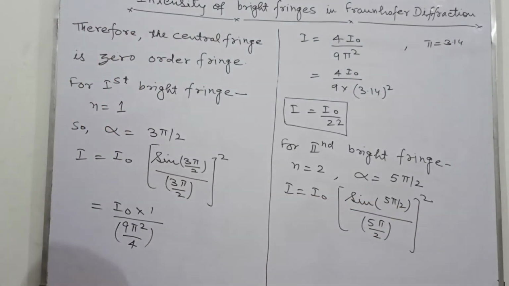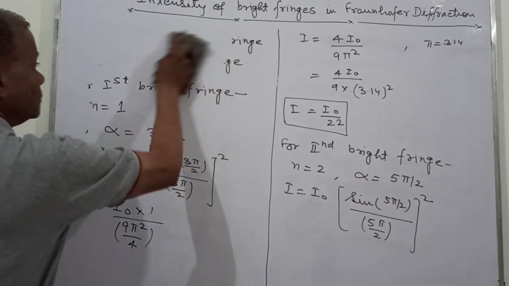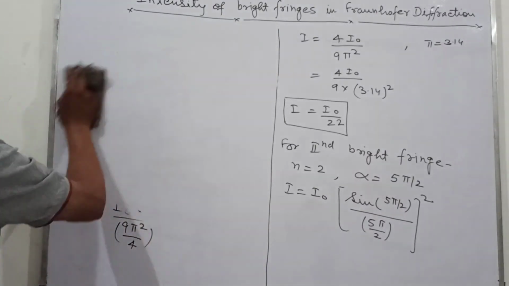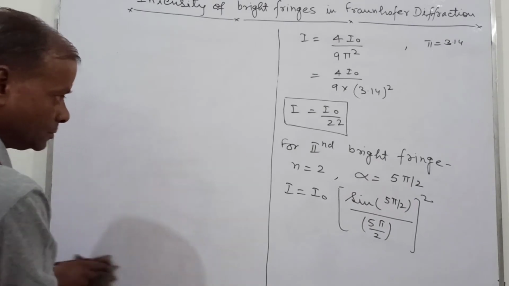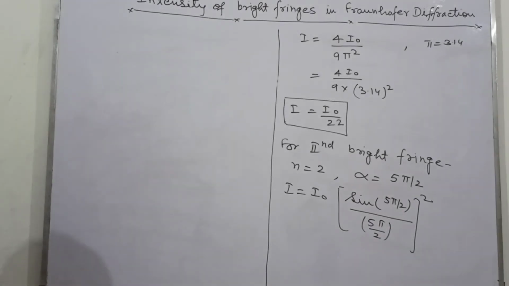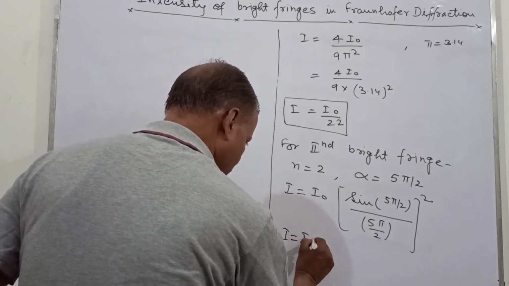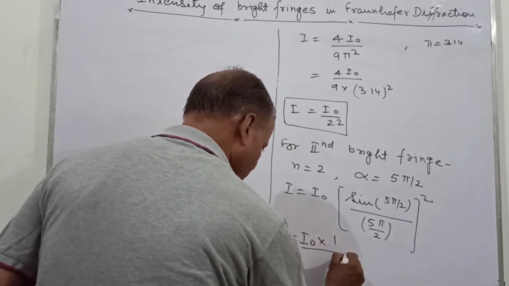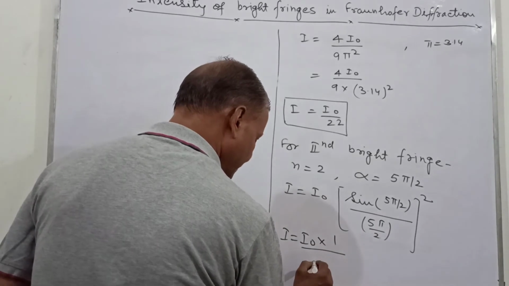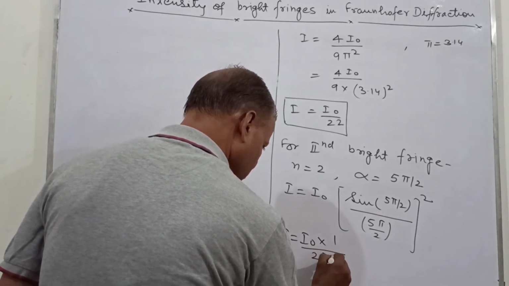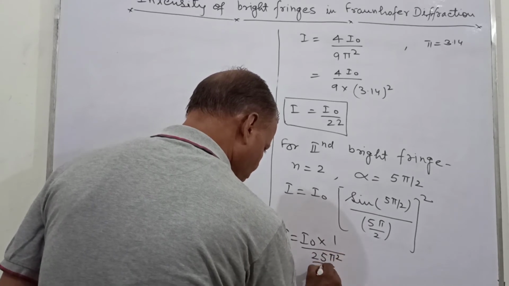So now this I is equal to I naught into 1 upon, this is now 25 pi square upon 4.